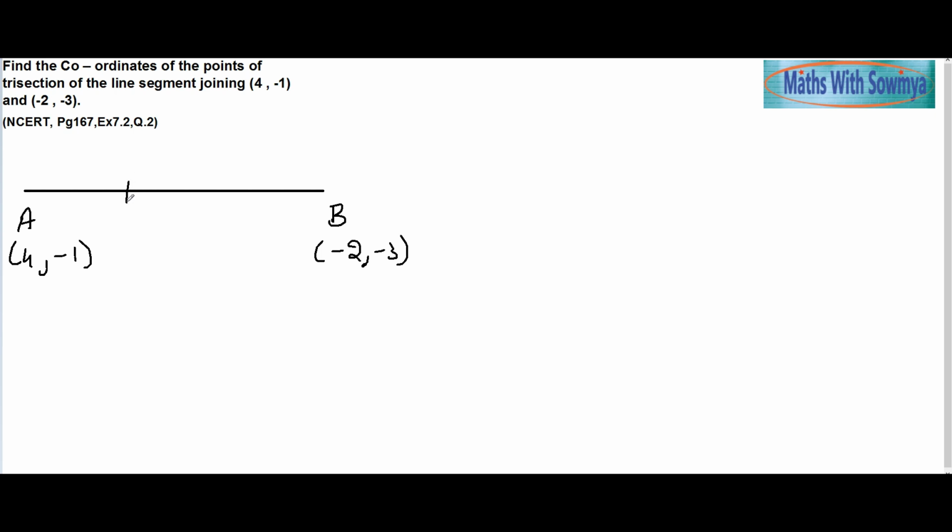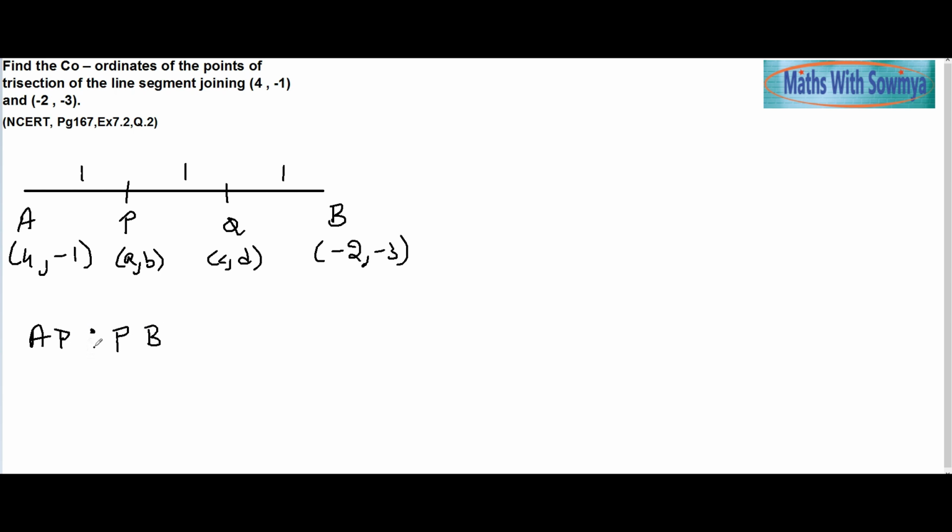The trisection points we can call P and Q, or A, B, C, D, or simply leave it. Now the three parts are 1, 1, 1. Now I will take AP is to PB.